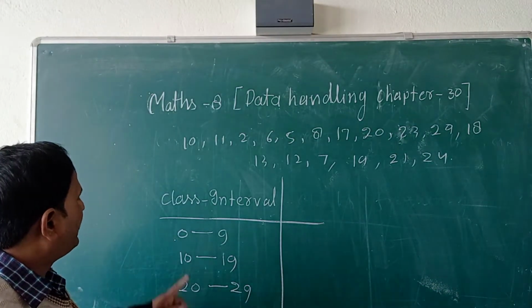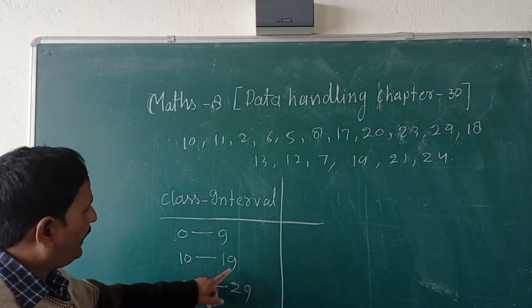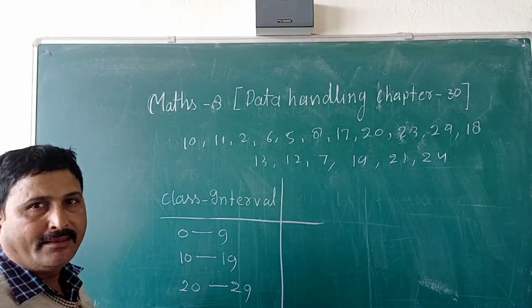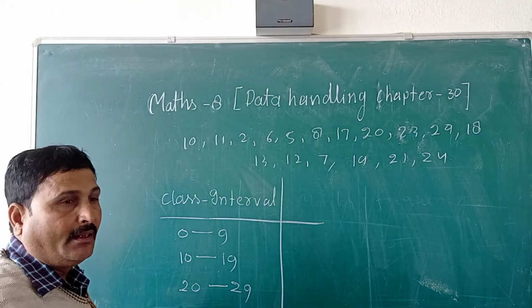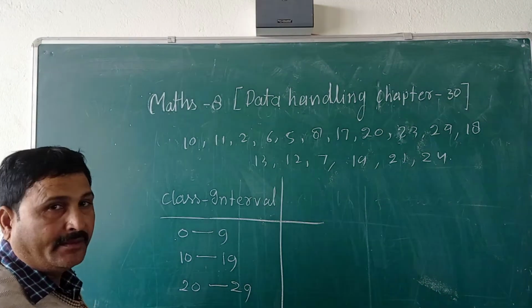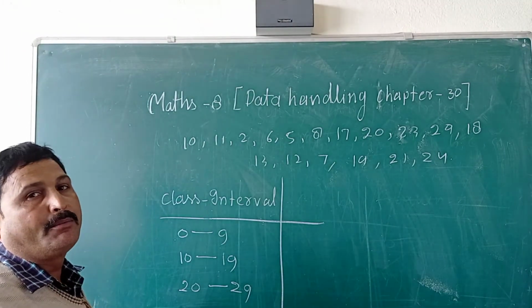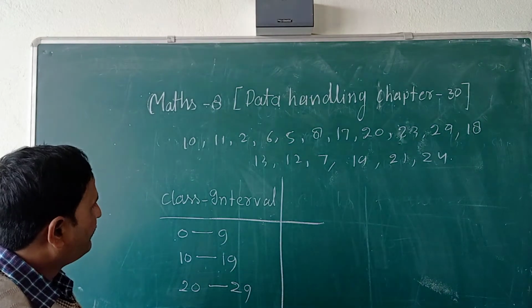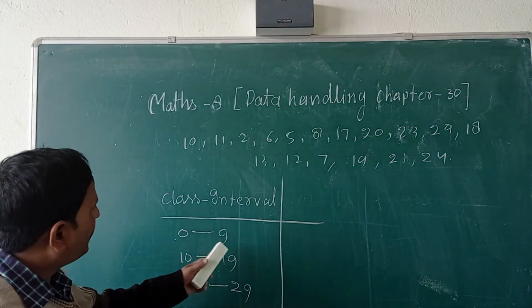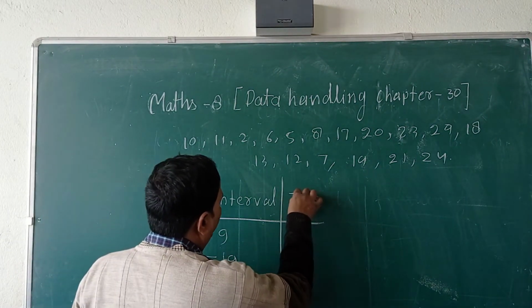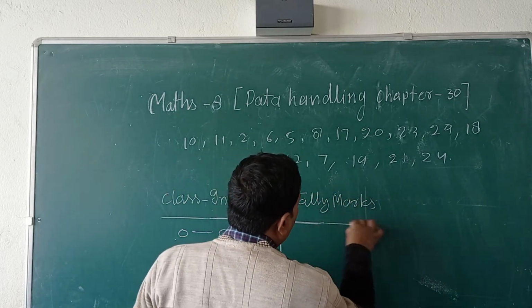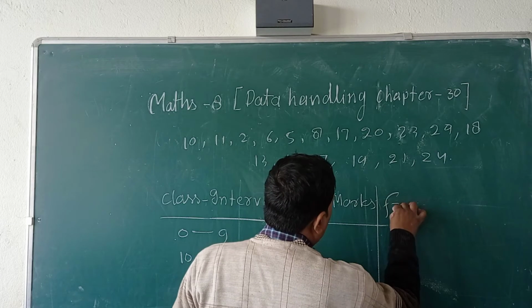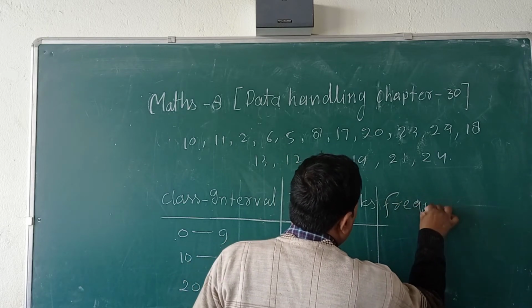You are free to make 0 to 4, 5 to 9, 10 to 14, 15 to 19, 20 to 24, 25 to 29, like that. See, for 0 to 9 we have tally marks, then frequency.